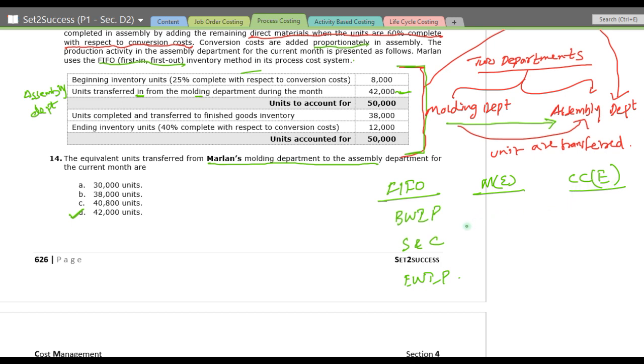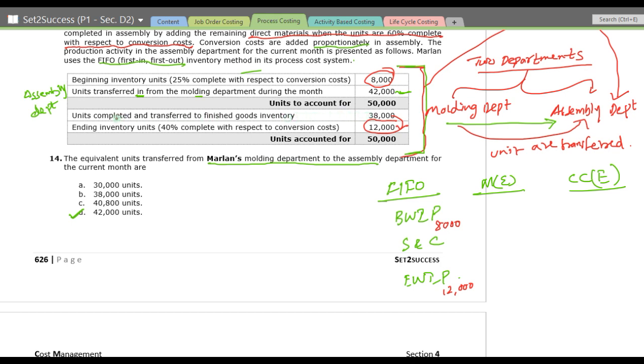Now the beginning working process, the beginning inventory units, are 8,000. Ending inventory is 12,000. Now units completed and transferred to finished goods inventory is 38,000.